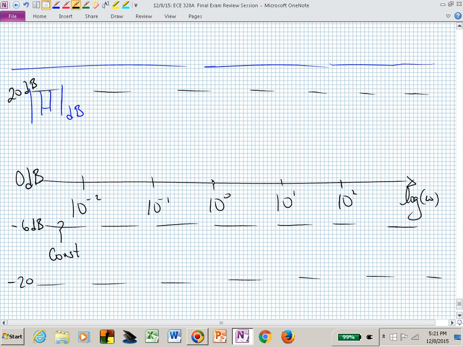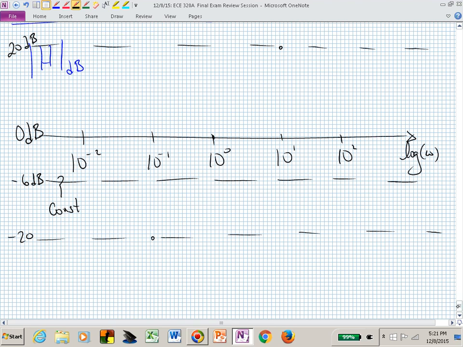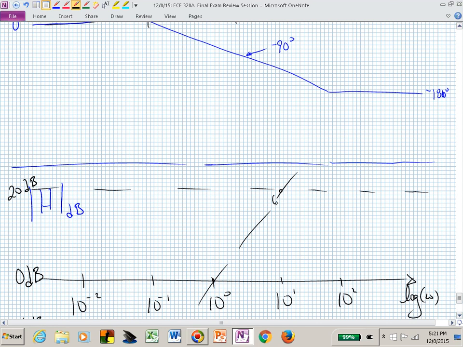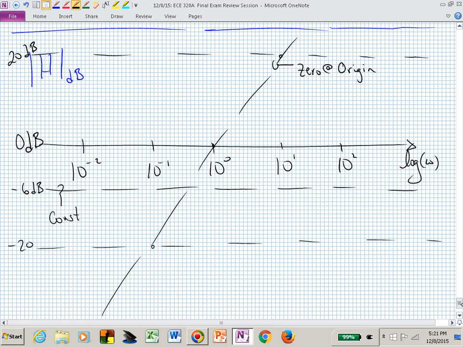So it's going to go through 0 dB at 1, and then it will be all the way up to 20 a decade after, and it'll be all the way down to minus 20. So this is now the 0 at the origin. Its magnitude.